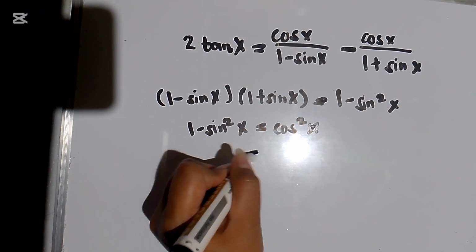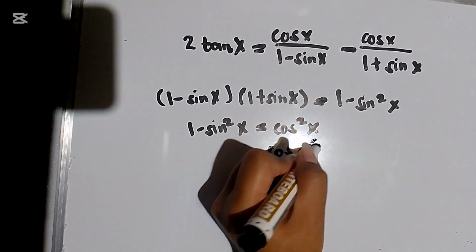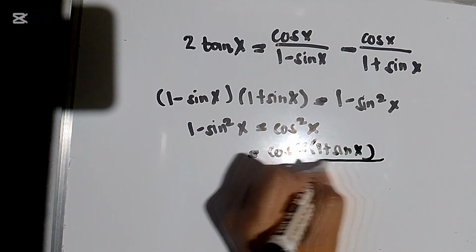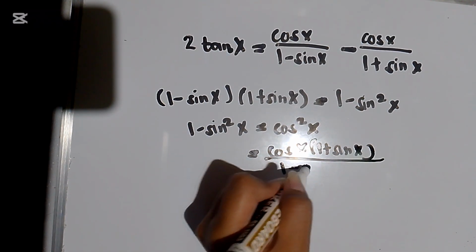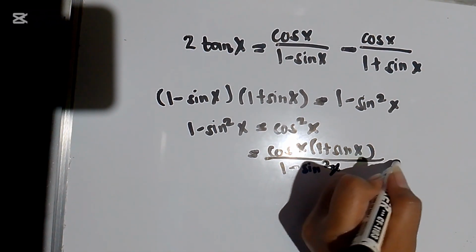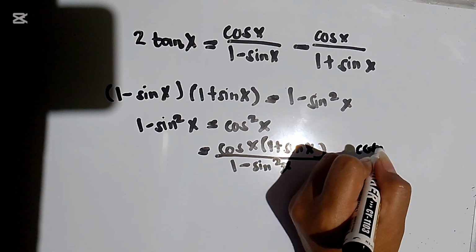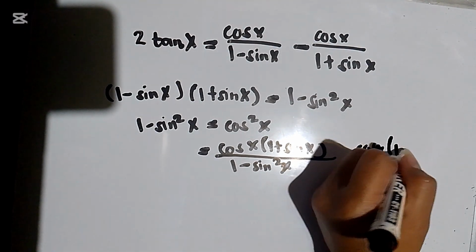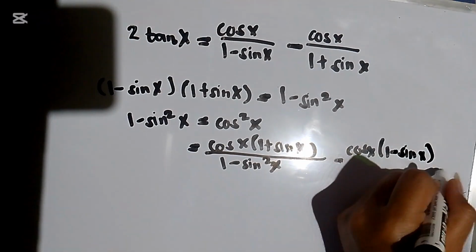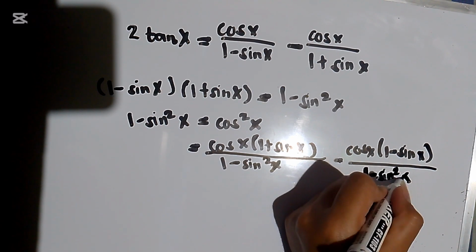So it's going to be cos x (1 + sin x) over (1 - sin squared x), minus cos x (1 - sin x) over (1 - sin squared x).